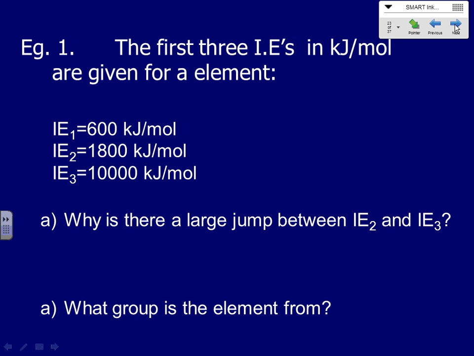Excellent. I would have taken group 2, but you're exactly correct. Group 2, because one comes off fairly easy, the second one comes off fairly easy, and the third one takes a lot of effort. Alkali earth metals is correct. Group 2, because the first two come easiest.